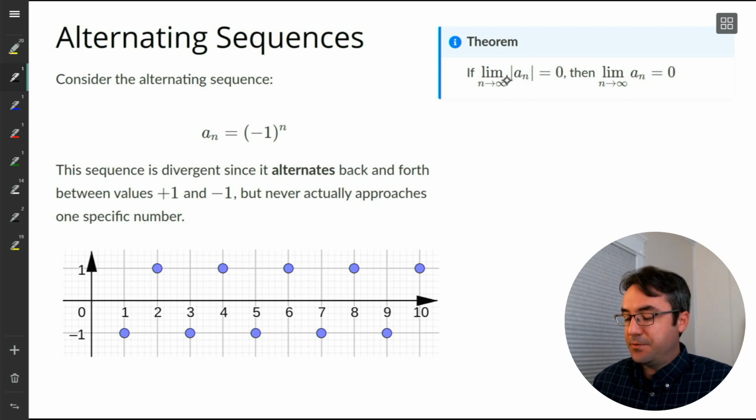So if we do the absolute value of our sequence, and we can show that the limit of this new sequence is equal to 0, well then the limit of our original sequence also has to be equal to 0. So we're going to use this theorem next time, but I just wanted to set the scene for what we'll be talking about. We're going to be investigating these alternating sequences where we have this sort of -1 to the power n form.